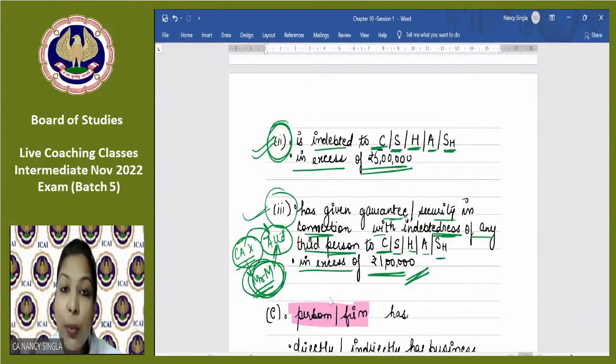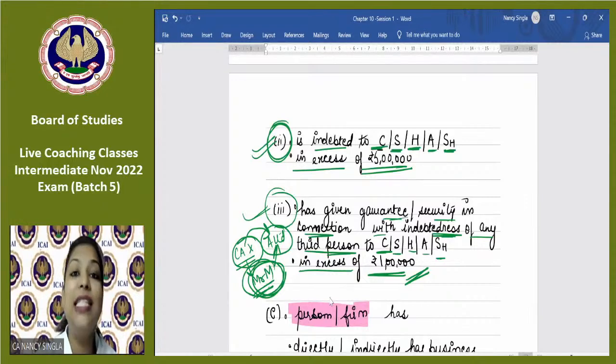Students, just try to understand the basis as to why such ineligibility gets attracted. See the independence. There is a threat to independence. Now, why? Because now if CAX has given a guarantee, or if CAX is indebted to the company for an amount exceeding rupees 5 lakhs, let's say in point number 2, then there is an interest in the client organization now.